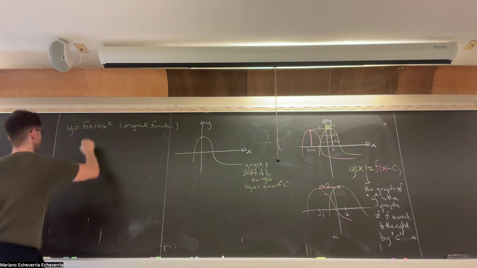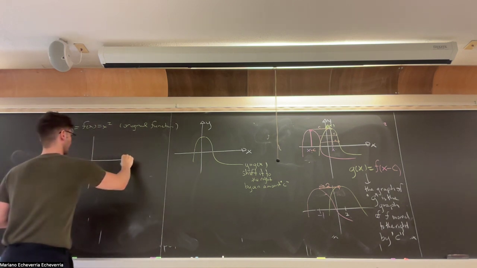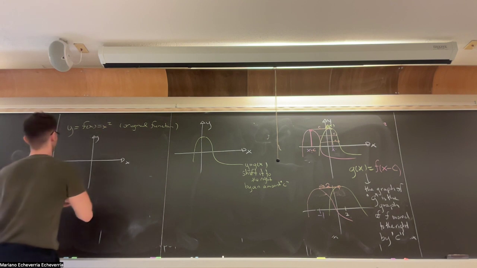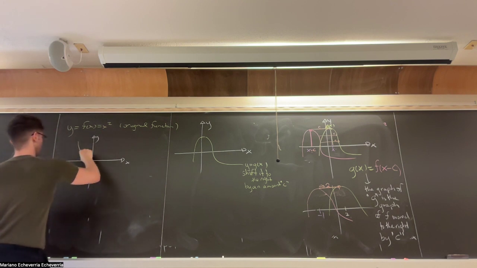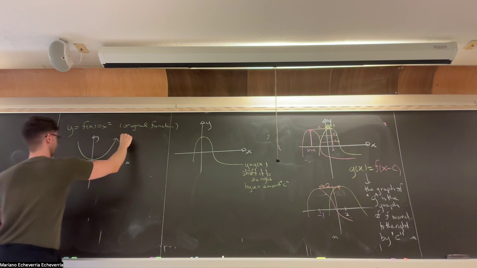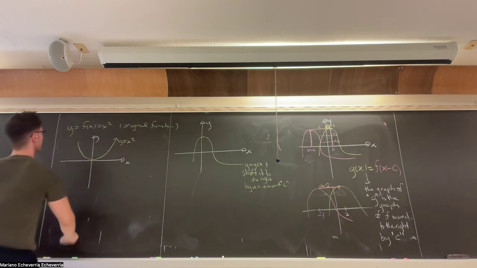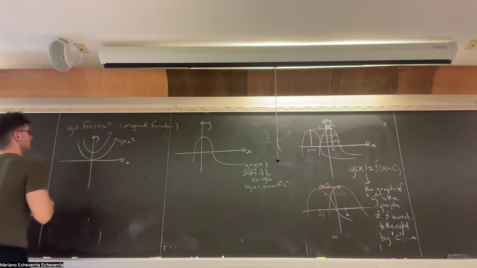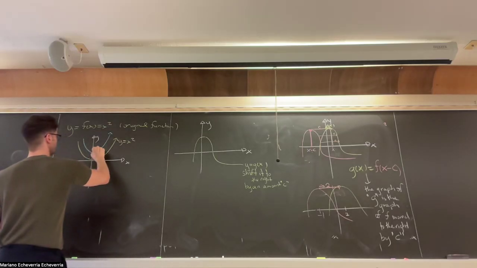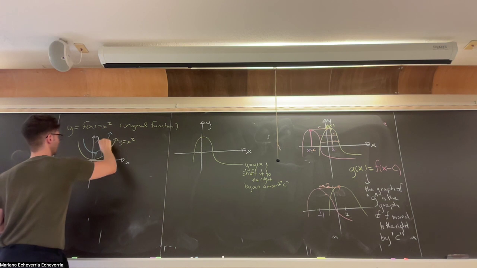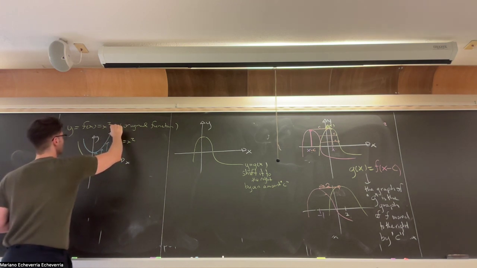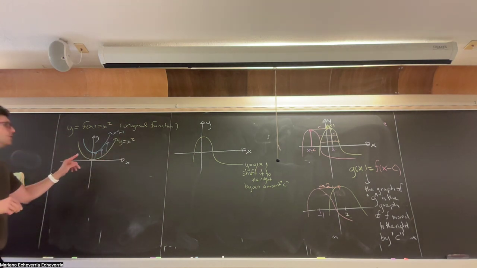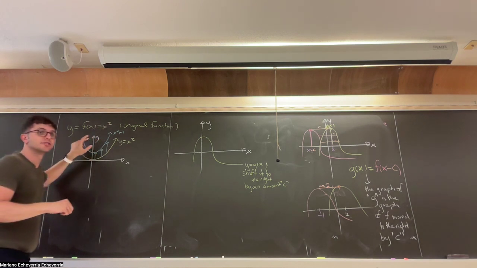Which looks like this, right? If you move it up by 1 unit, which is similar to what we had done before, what you're moving by 1 unit is the y values, okay?